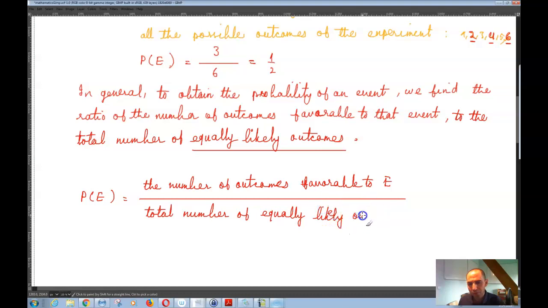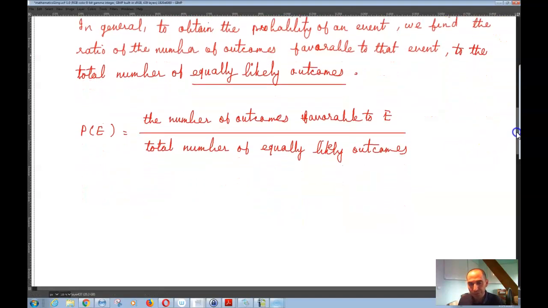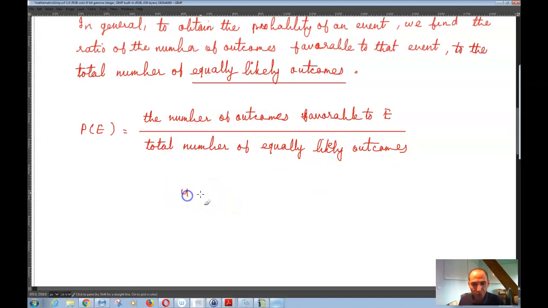What that means is, for example, let's say that you have four red balls and one blue ball in a bag, and you draw one ball at random.